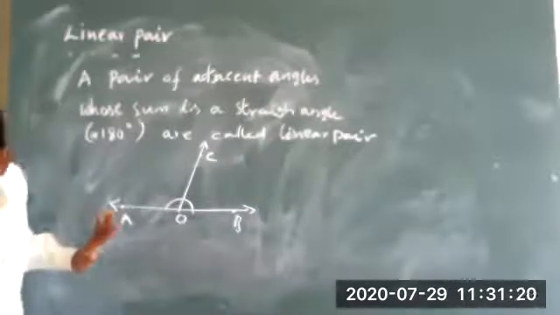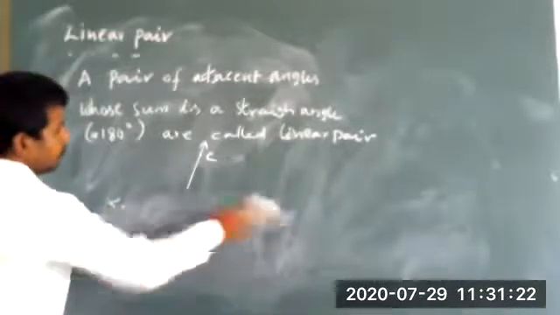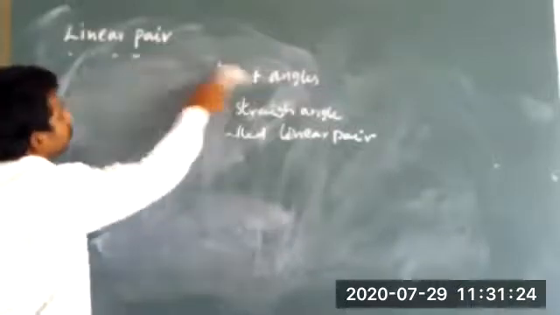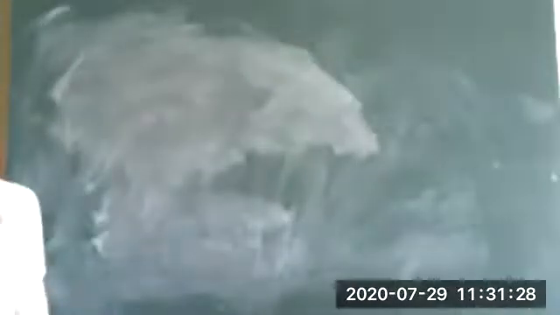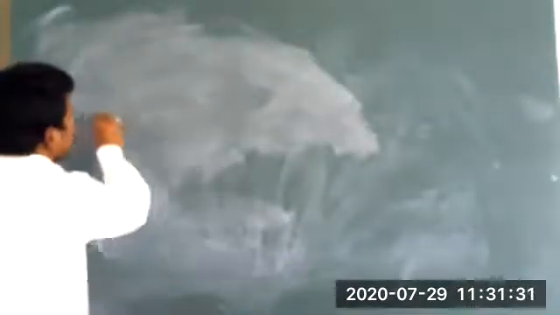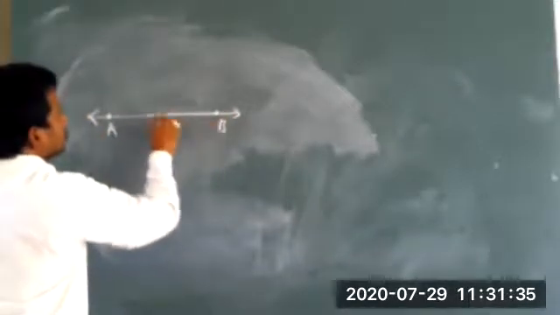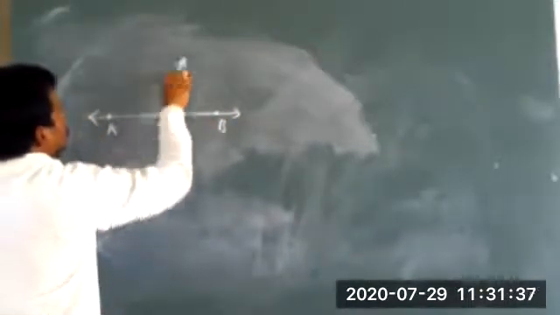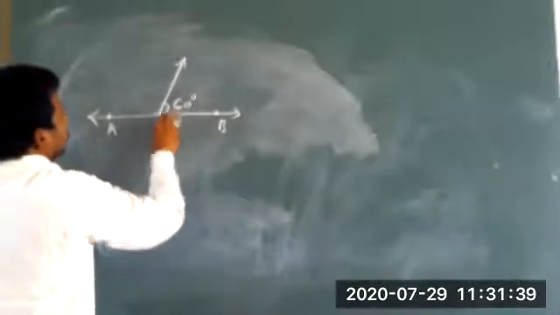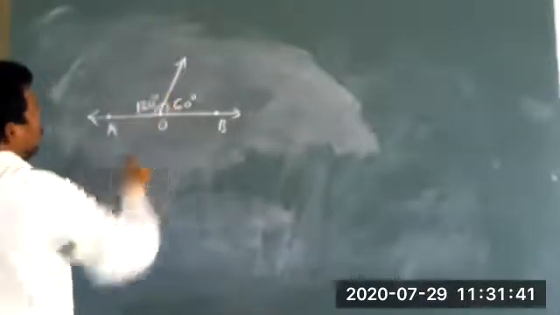This is one more example of a linear pair. Now, one more example. This is 60 degrees. This is 120 degrees.